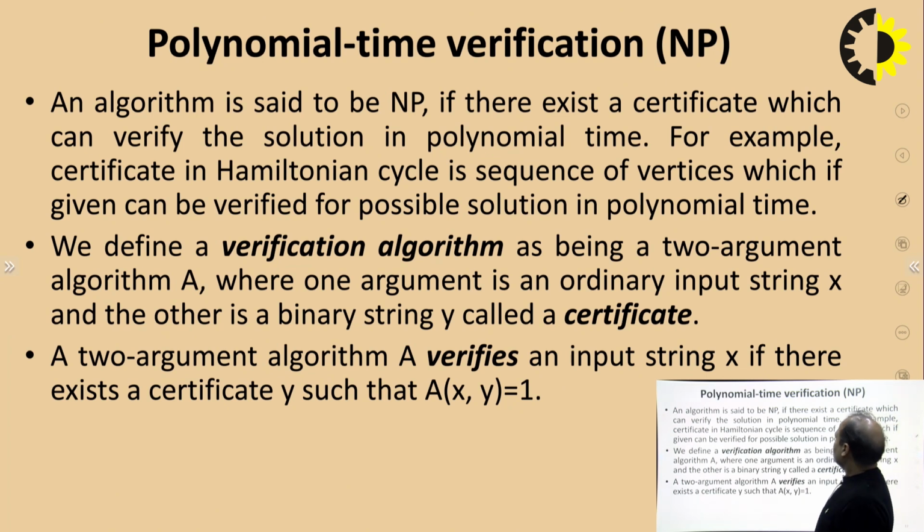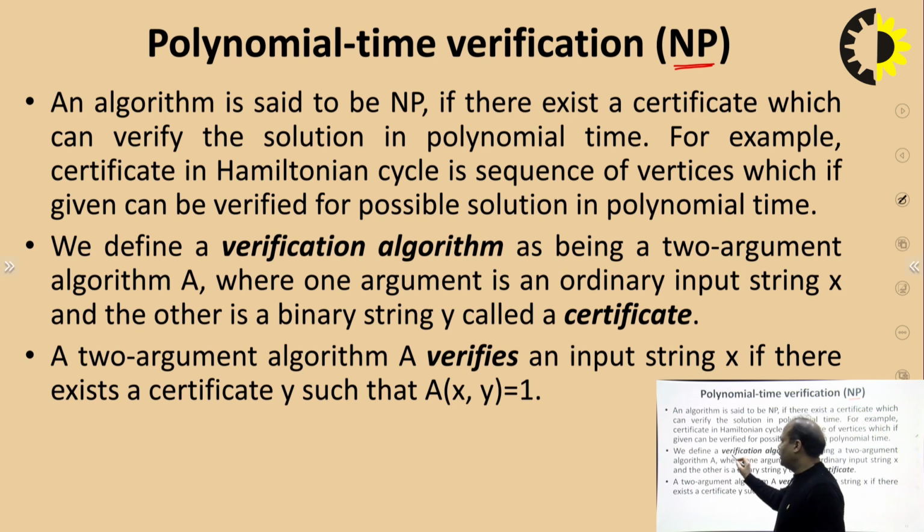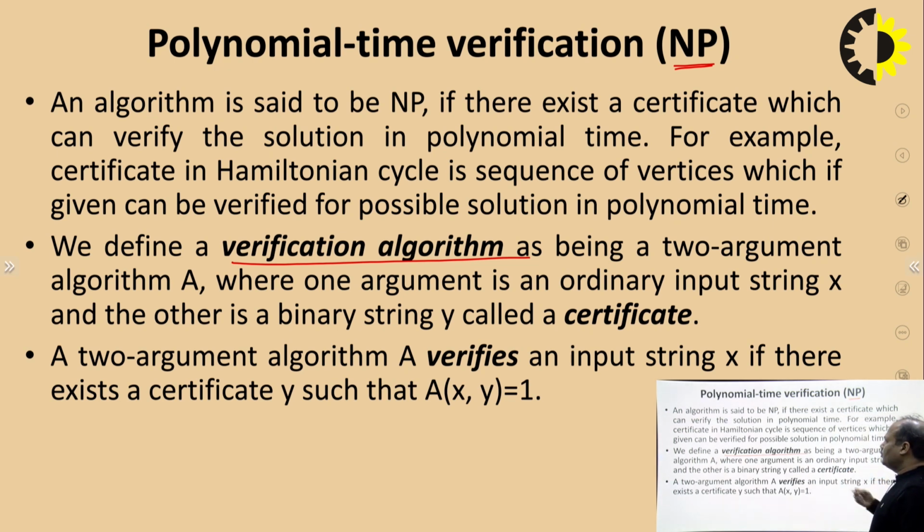And the second one is NP, non-deterministic polynomial. Such problems cannot be solved in polynomial time, but if given its solution, we can verify it in polynomial time. That means there exists a verification algorithm which can verify the solution in polynomial time.